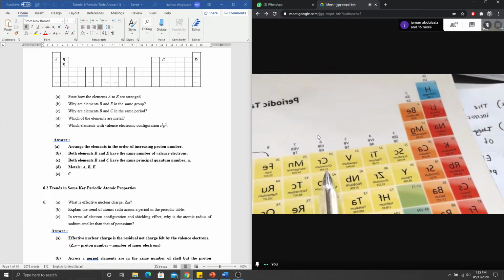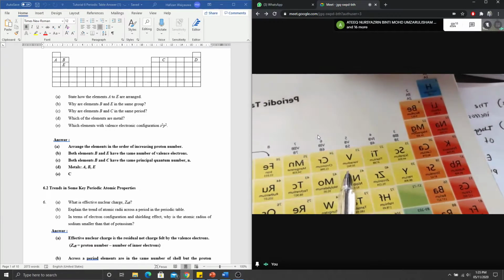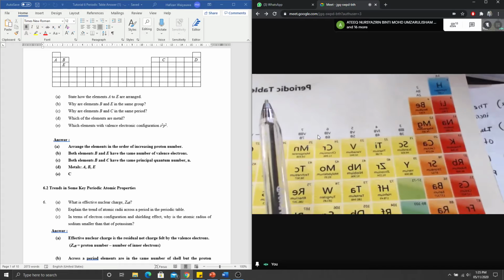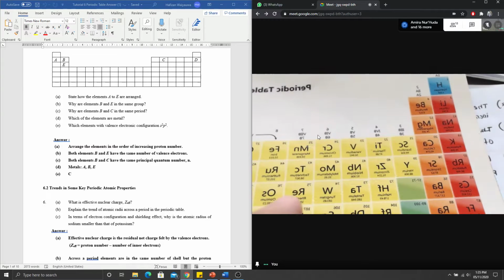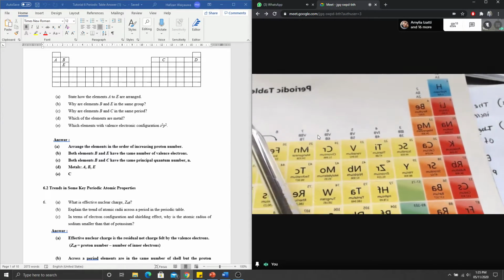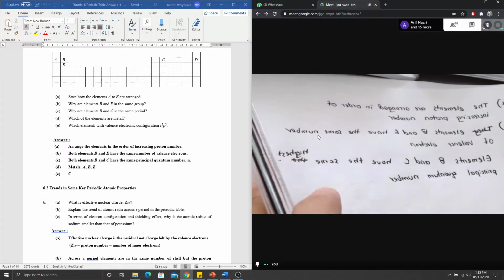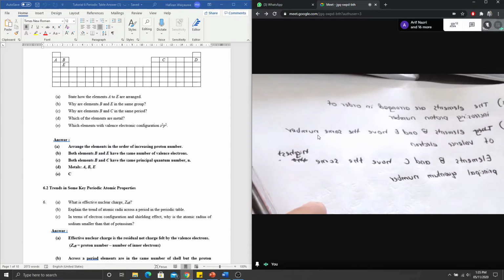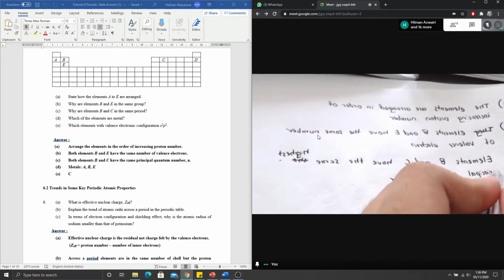Sir, kalau letak the same number of shell, okay, the same number of shell can mean many things. Okay, yes, shell is same as principal quantum number, tapi kalau dalam that one is you dah like risk it, the pemeriksa punya kebaikan lah, because the definition of how they assign the period is principal quantum number.